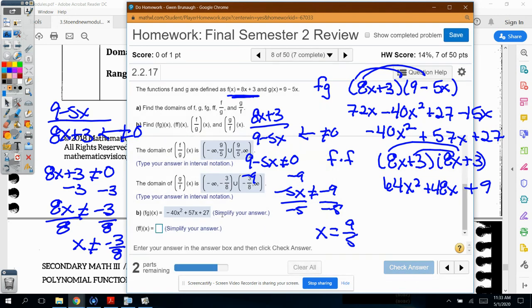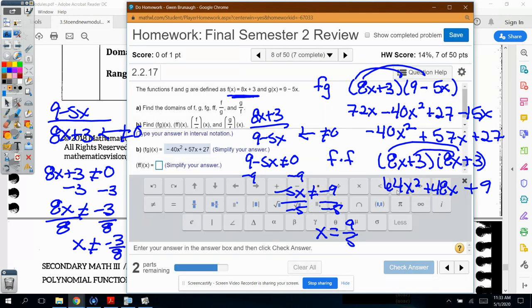Okay. f times f, I already did. That's right here. That's the 64x squared plus the 48x plus 9.